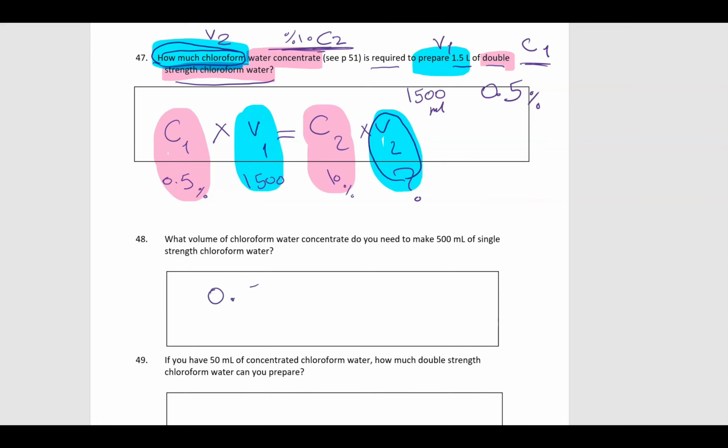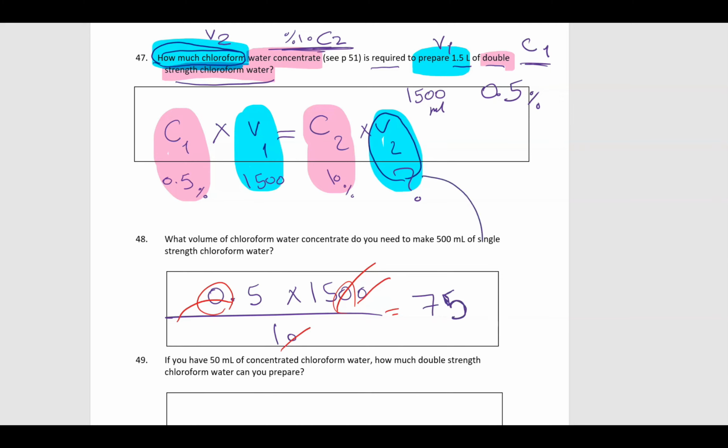So 0.5 times 1,500 divided by 10, this 0 goes with this 0, and then 5 times 15 is equal to 75, so the volume is 75.